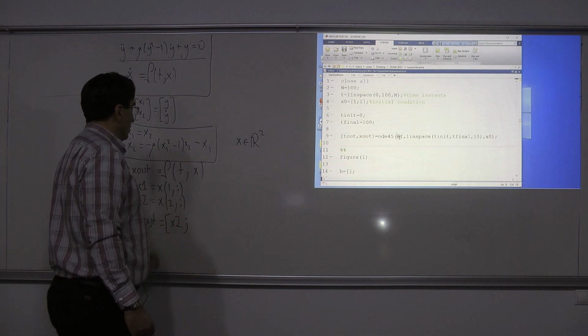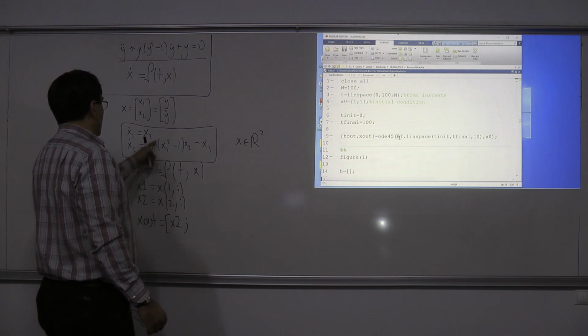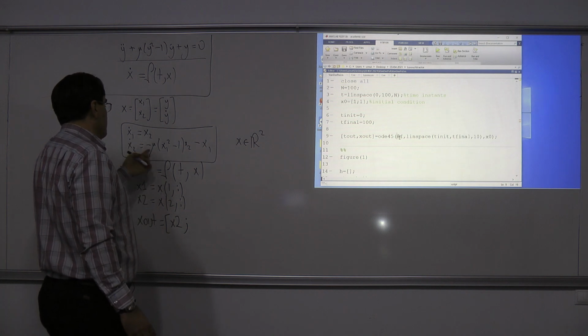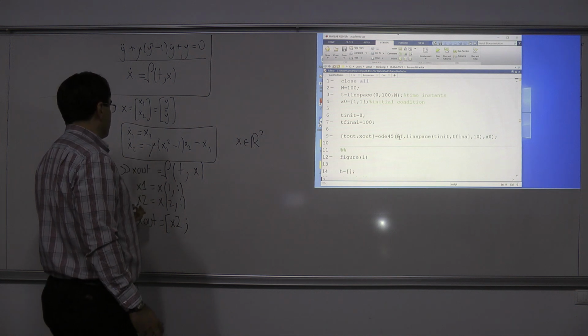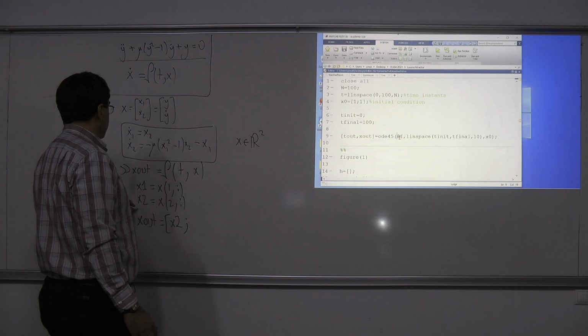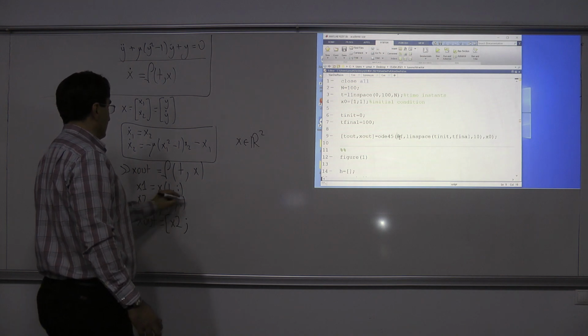And I will go into the second row here, and of course I need to define a mu here. So in this function I need to know what mu is. Let us say that I define a mu variable here, which is 3.